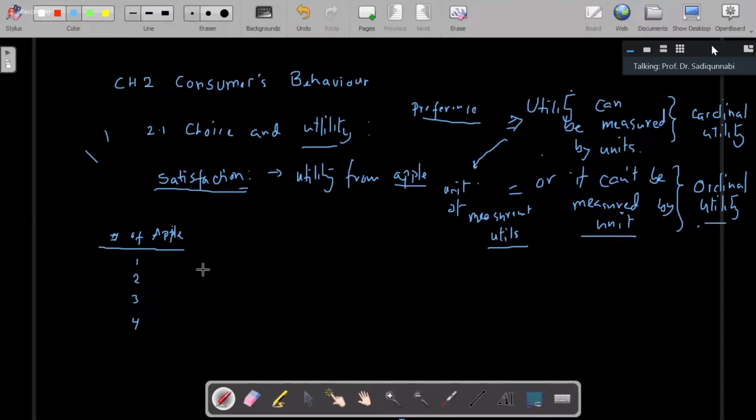So suppose we are getting total utility, TU. Total utility means T, total utility, TU.